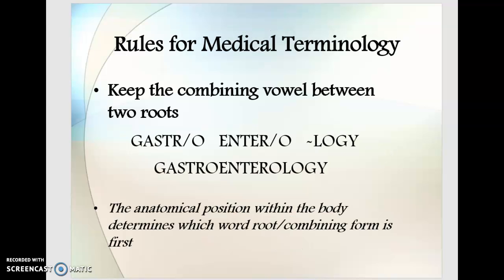Okay. And the last rule is if we have two word roots, we always keep the combining vowel between those two words, even if it begins with a vowel. So we have gastro, we have entero, and we have logy. This is going to be our suffix. Because this begins with a consonant, we're going to keep this combining vowel.